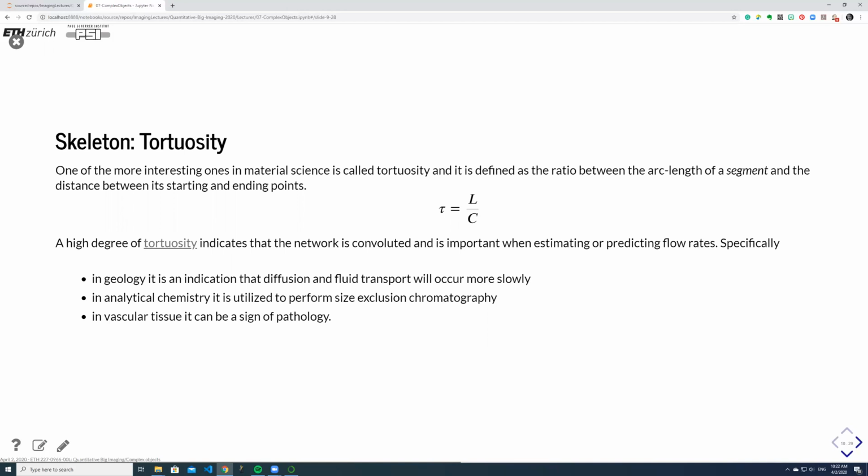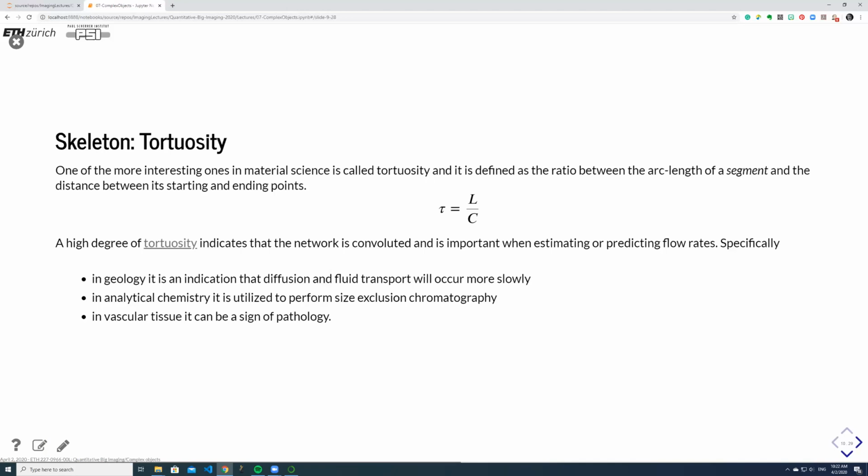That is useful for many applications in geology, in porous media research. When you want to look at porous systems, you want to see how often these segments are changing direction, and that has then an impact on, for example, the fluid dynamics in the system.